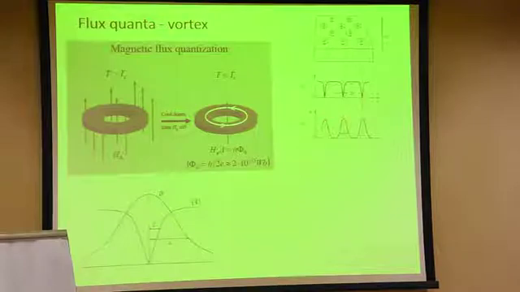The variation is over a distance of 2 lambda, twice the penetration depth. So this is how the field varies inside the vortex and how the density of the superelectrons, or the amplitude of the wave function, varies inside the vortex. Deep inside the vortex, the density of superelectrons goes to 0, while the magnetic flux is the maximum.